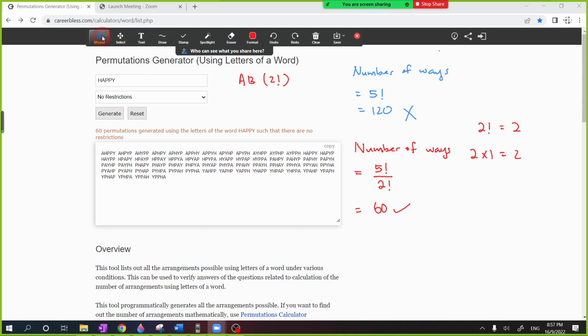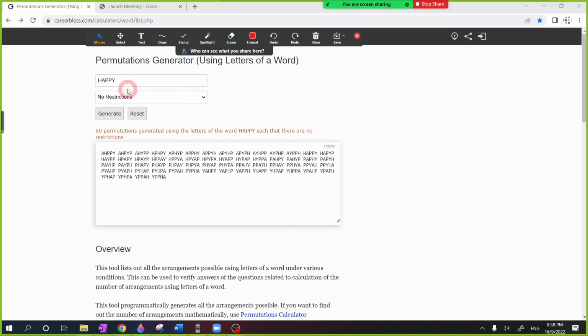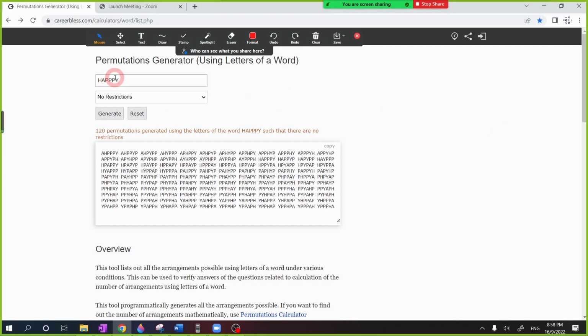So now let me change the question a little bit. If this time I have 3 P's, from the website here, we know that the correct answer should be 120. But if you do it this way, number of ways to arrange all these letters. How many letters do we have here? 1, 2, 3, 4, 5, 6. So 6 factorial.